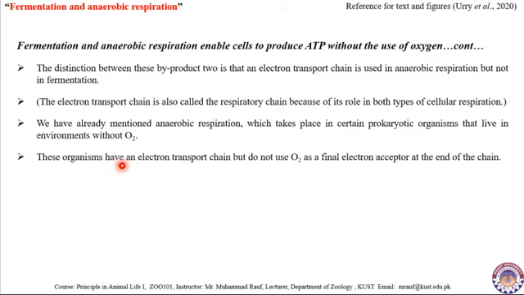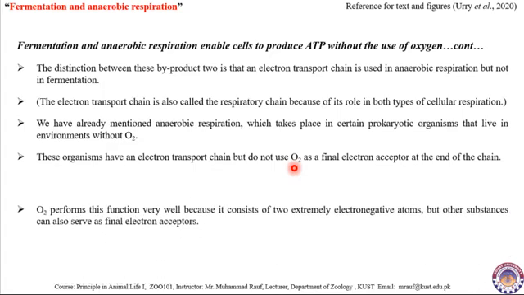These organisms have an electron transport chain but do not use oxygen because they are anaerobes, so oxygen is not there as the final acceptor of electrons. So what else? Which molecule will act as the final acceptor of electrons in that chain?